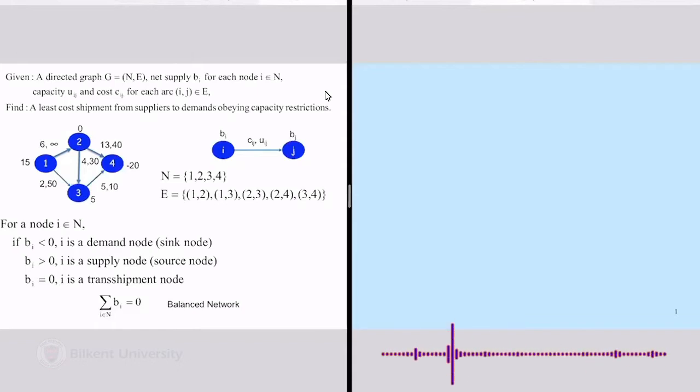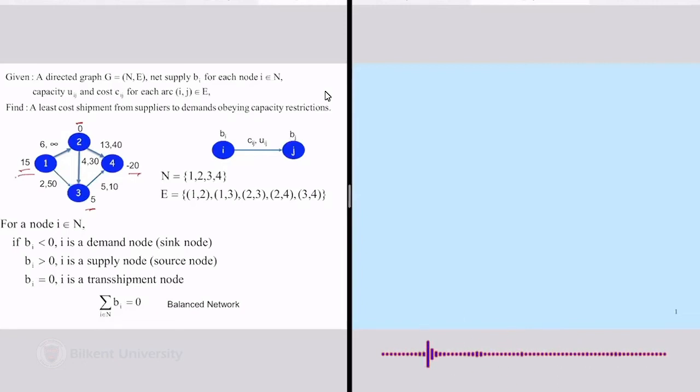So for example, now there is a notation that we keep using. Each node has an associated b. b represents the net supply or net demand of the node. Yeah? So my factories, for example, are my suppliers, and my customers are my demand nodes, right?